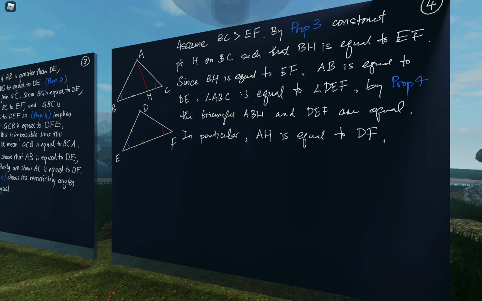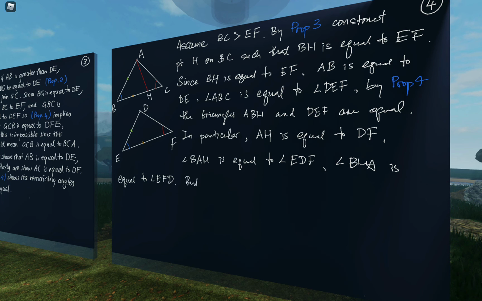And a bunch of other angles are equal, right? Angle BAH is equal to angle EDF. And finally, the third thing that's equal is the angle BHA is equal to angle EFD.